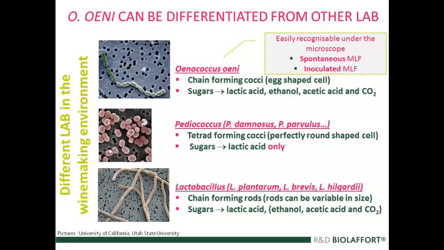Lactobacillus may form lactic acid, and sometimes, depending on the species considered within the genus Lactobacillus, will also form ethanol, acetic acid, and CO2, but not always. Again, it depends on the species you consider within the Lactobacillus genus.